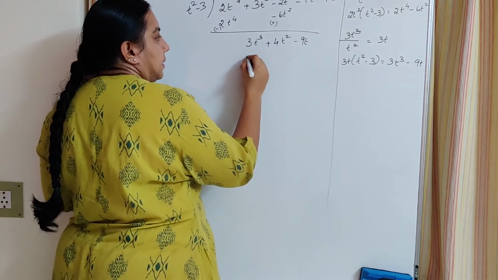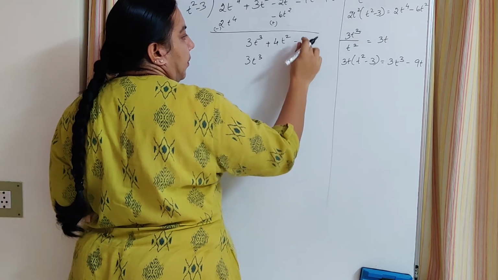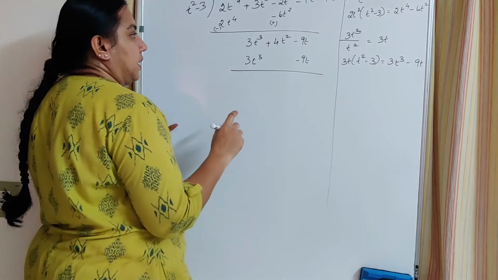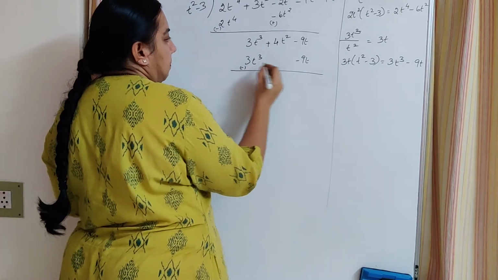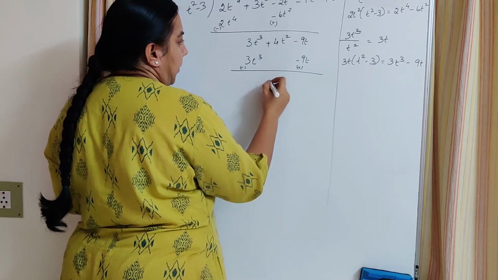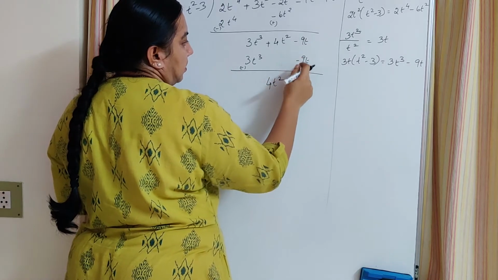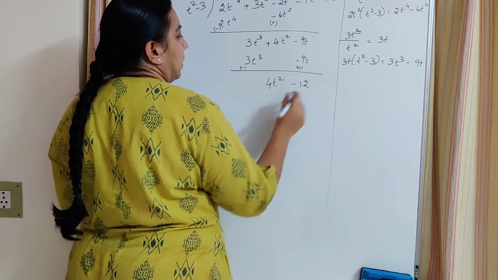So I write it as 3t cube minus 9t. Again I am writing it below the terms properly. That is the most important thing in polynomial division. Then I am changing the symbols again. So this term gets cancelled. This term I am writing below 4t square, and this term also is getting cancelled. I'm bringing the next term down, minus 12.